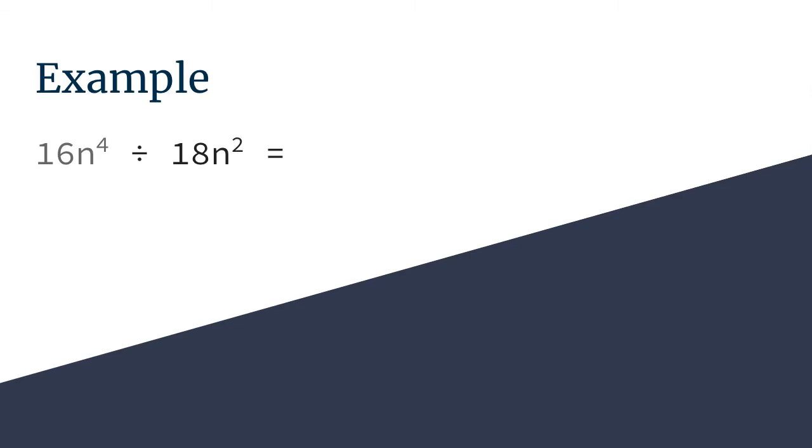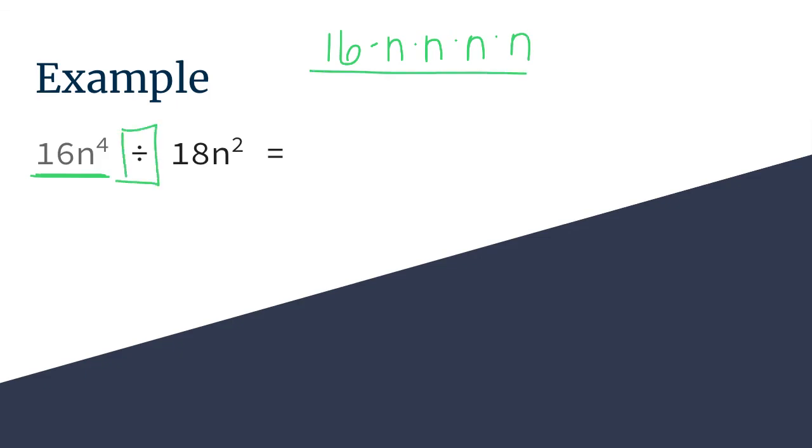That's as far as I can go until I know how much x equals. So let's try this with some monomials that are a little more complex. So here I have 16 and 4 n's on top. This is a fraction bar. And then I have 18 and 2 n's on the bottom. First, we need to simplify what is 16 over 18 in simplest form. Well, I know they both can be divided by 2.